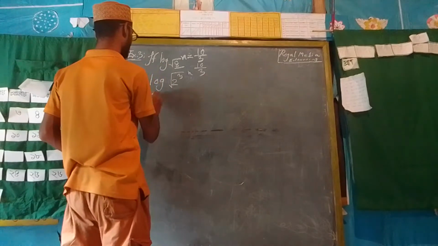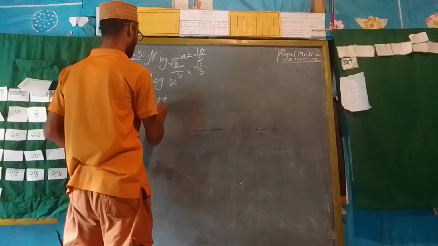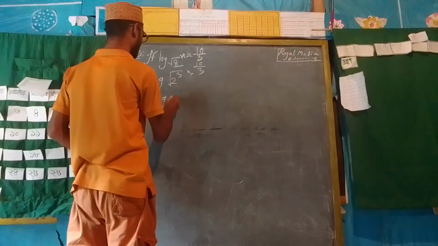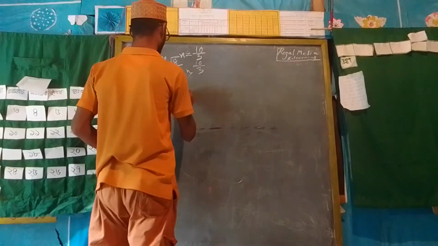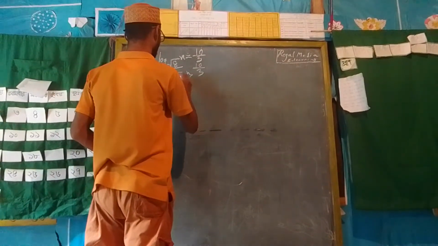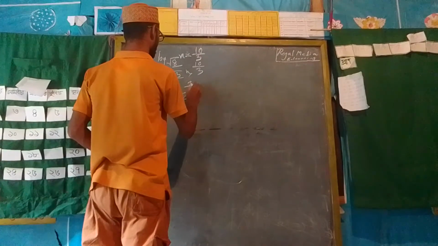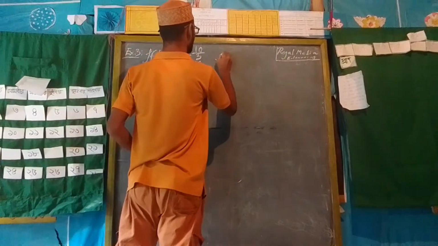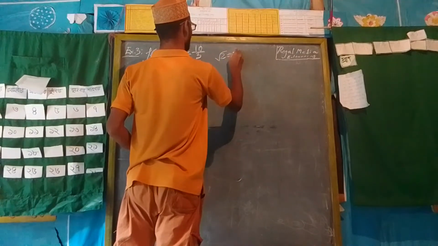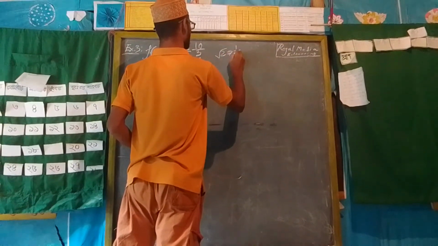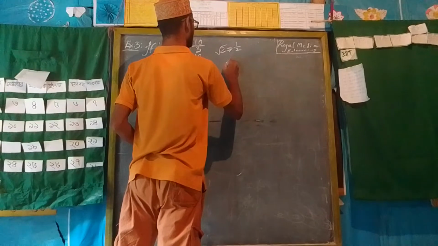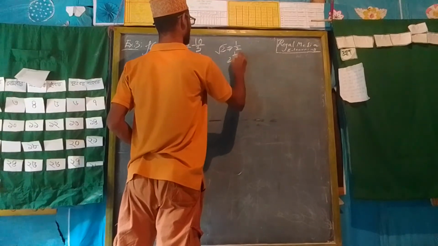Again, log x will be here, and 2 here, 3, that means 3 by 2. Root 2 equals 2 power 1 by 2, 2 half.